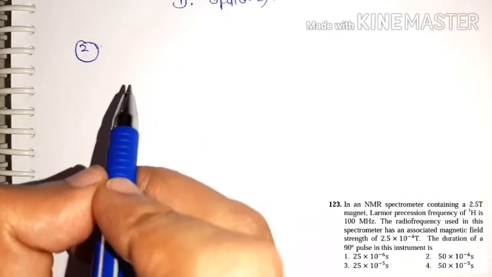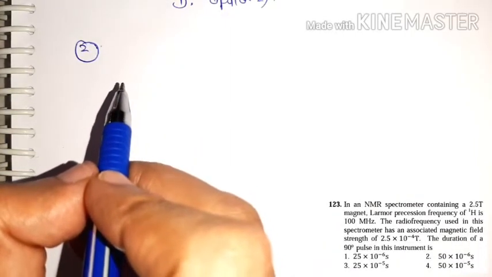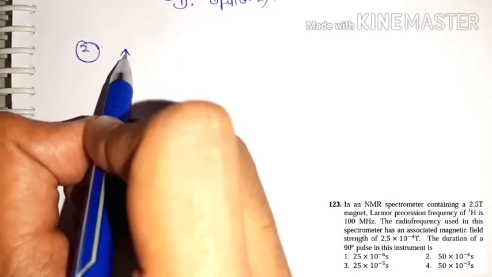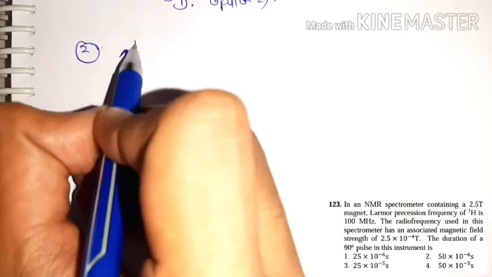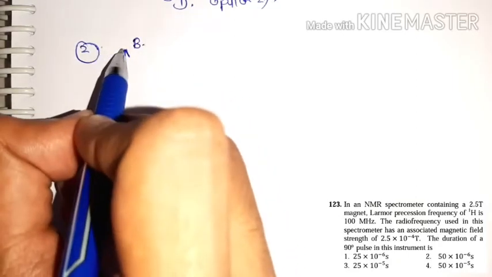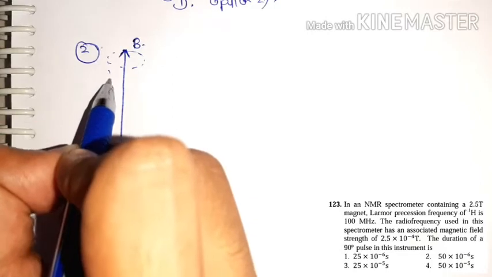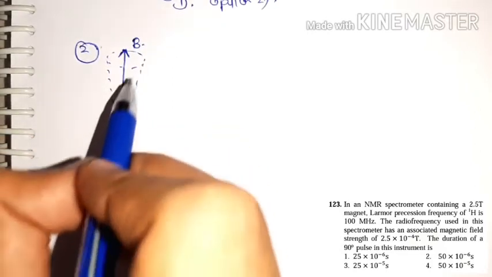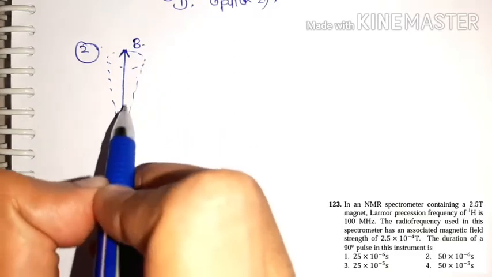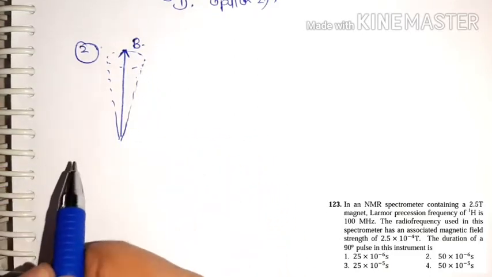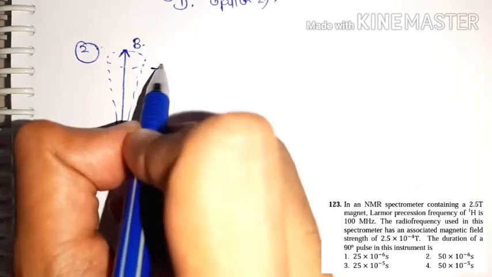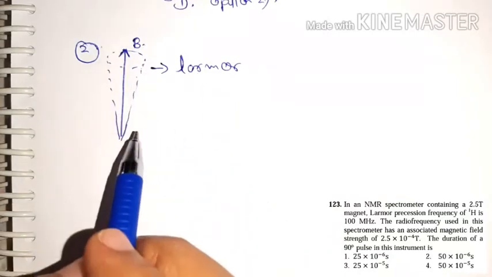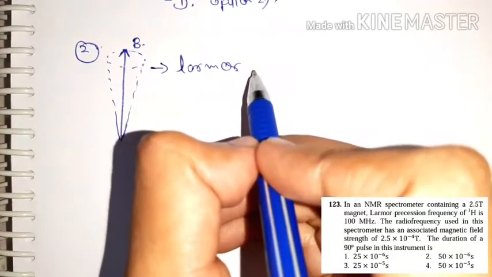Now see, what is the concept behind this question? A pulse duration concept. So you know friends, when a magnetic field is applied in any NMR instrument, it will be applied in this manner, and the magnetization is in precession movement. The frequency associated with this precession movement is known as Larmor frequency.